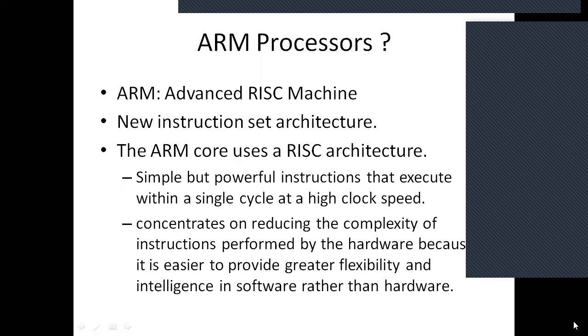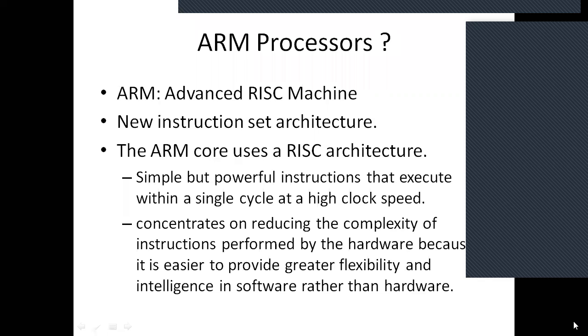So in order to meet these requirements, ARM instructions have been designed using the basic RISC concept. Here they concentrate on reducing the complexity of the instructions performed by the hardware, because it is easy to provide greater flexibility and intelligence in software rather than hardware.